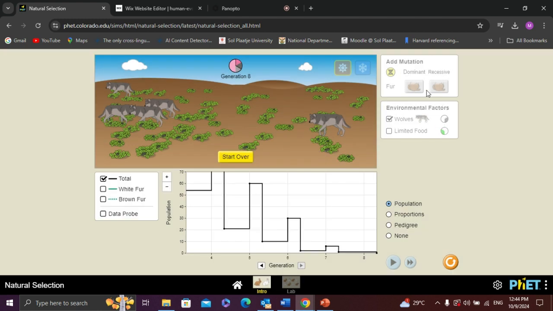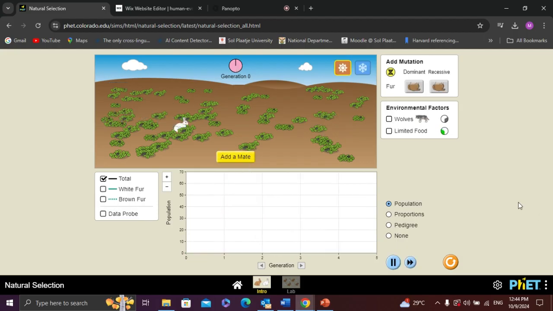But I want us to include both white and brown fur. Then we start over. We add a mate. Now we have two genetic traits, rabbits with white fur and rabbits with brown fur.